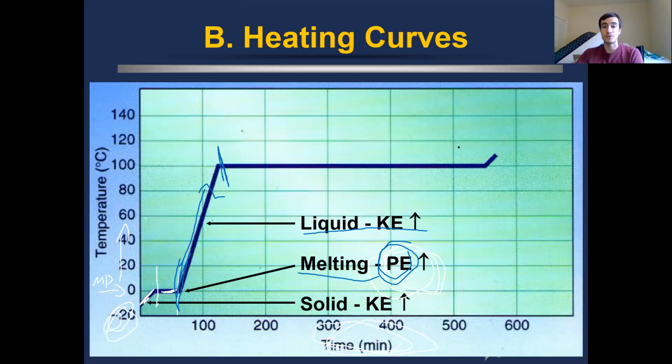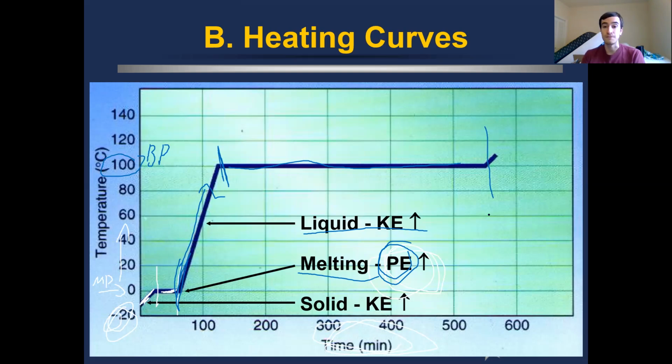Then, as you probably have noticed by now, we have this big stretch of flat line right up here. This is, instead of melting, going from a solid to a liquid, now we're going from a liquid to a gas over here. What is it called when we go from a liquid to a gas at this hot temperature, this boiling point up here?